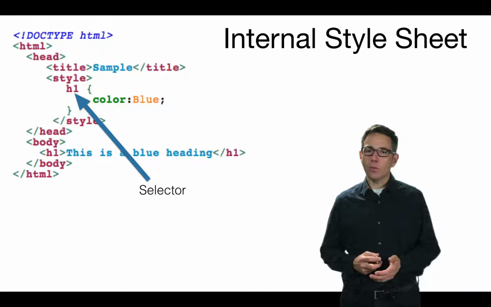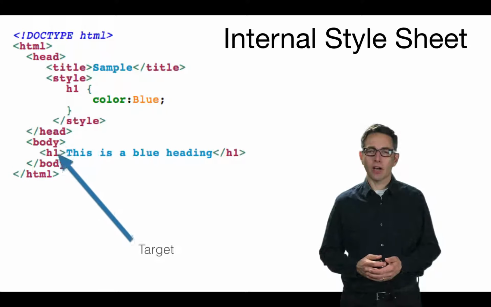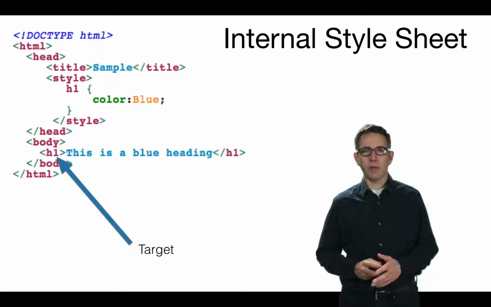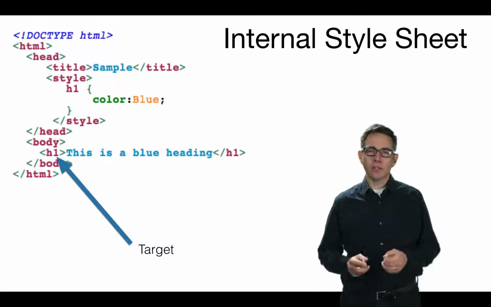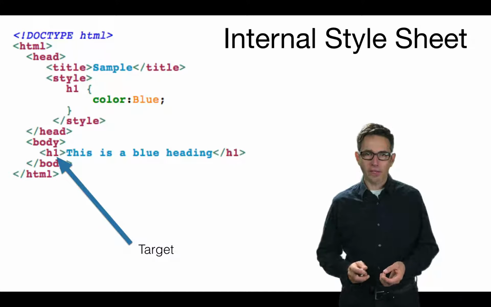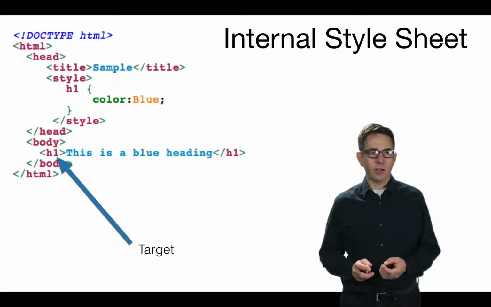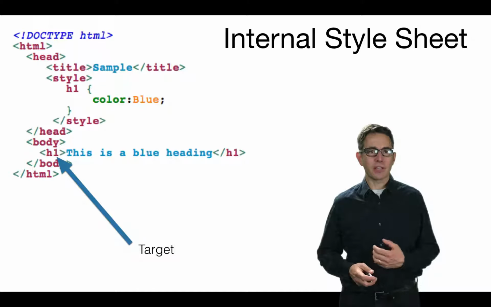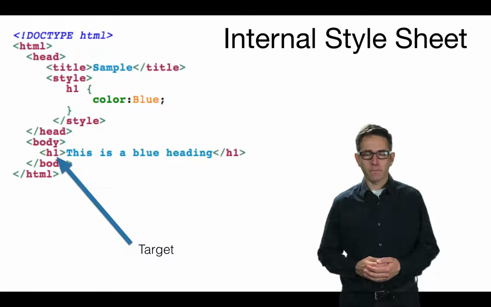So not only would this one particular H1 tag that's down below, which we call the target, be the target, but when you use an internal style sheet, all H1 tags become the target. So you don't have to write out a different description for every time an H1 tag exists within this HTML document. That style sheet addresses all of them at once.